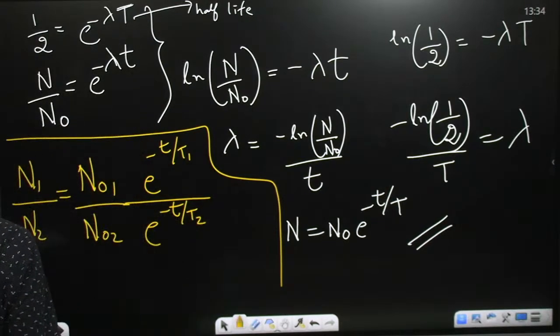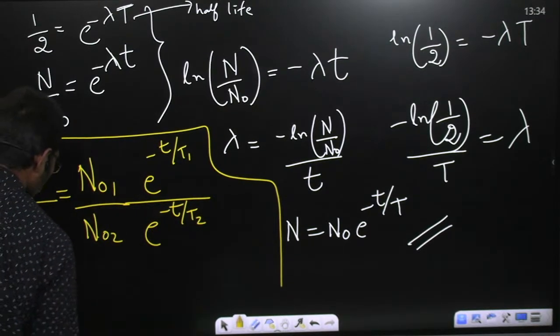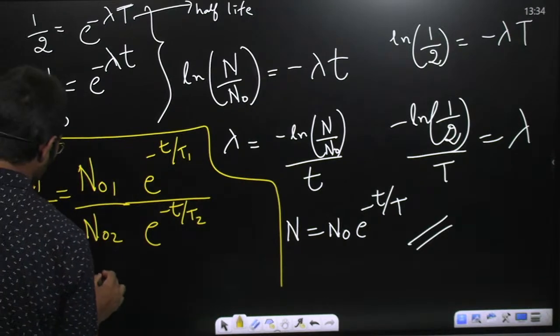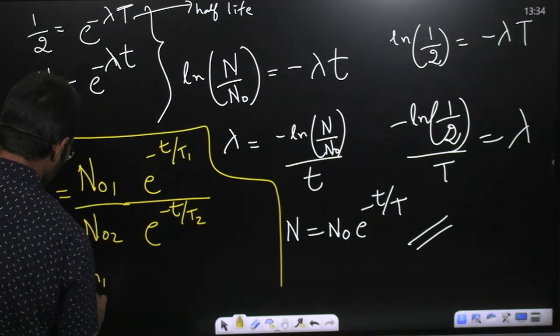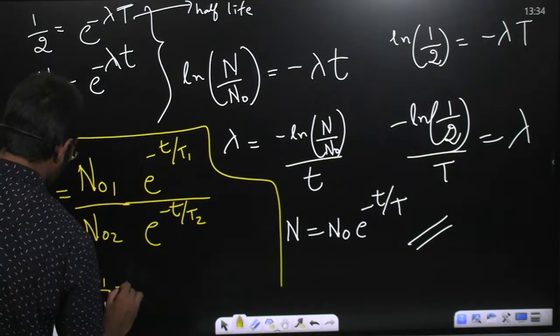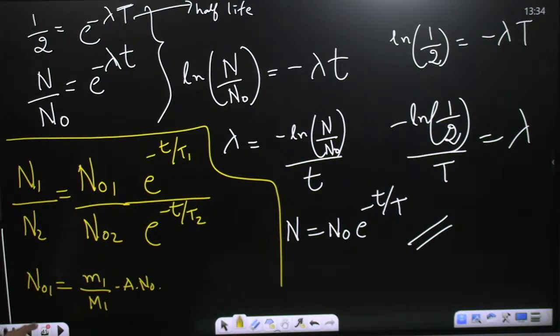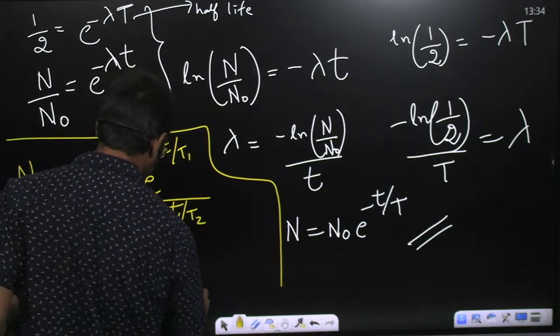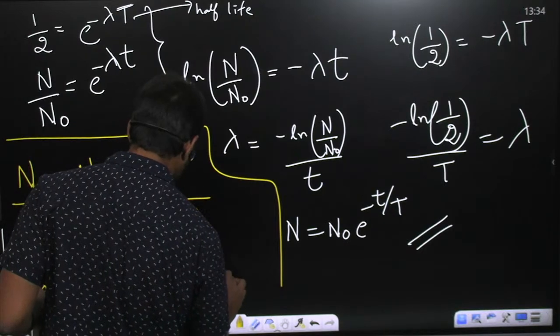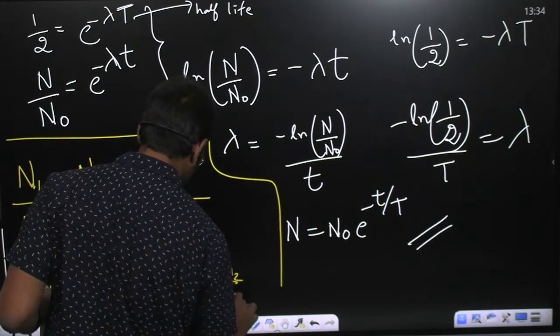What is N01? It is the initial amount of the first substance, and N02 the initial amount of the second substance, with N1 and N2 the amounts after time t. How do you write N01? The number of moles is given weight by molecular weight, into Avogadro number. N02 similarly is given weight by molecular weight into Avogadro number.